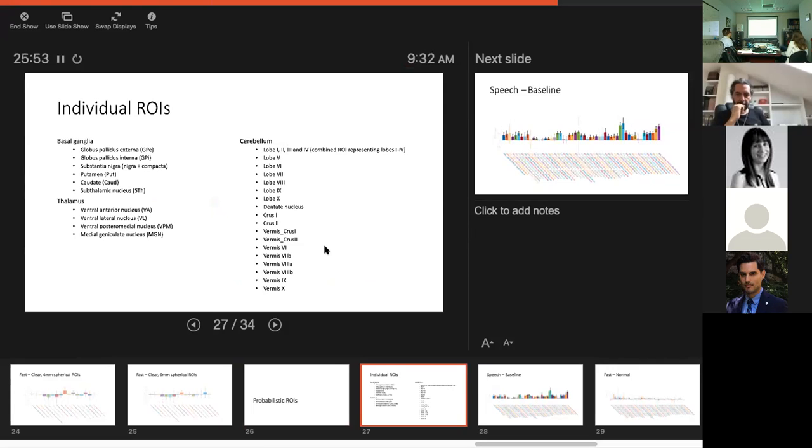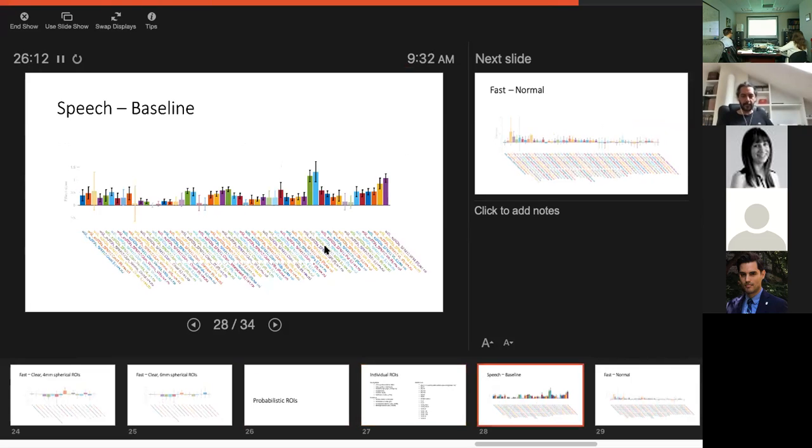For this analysis I didn't do any combined ROIs, but I was thinking that would be appropriate here as well, or getting rid of the ones where we really don't have any activation.